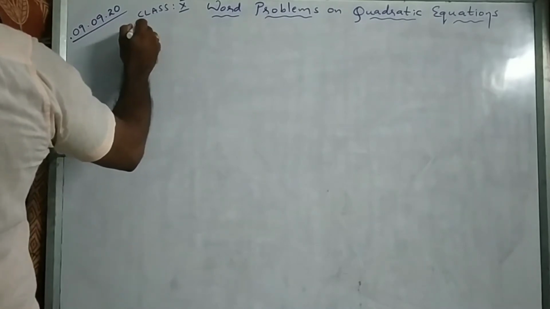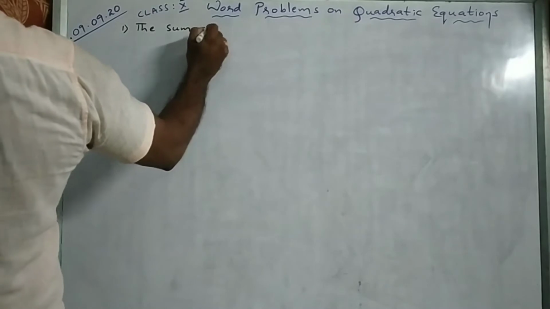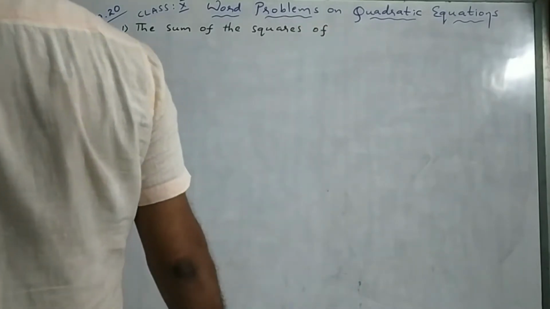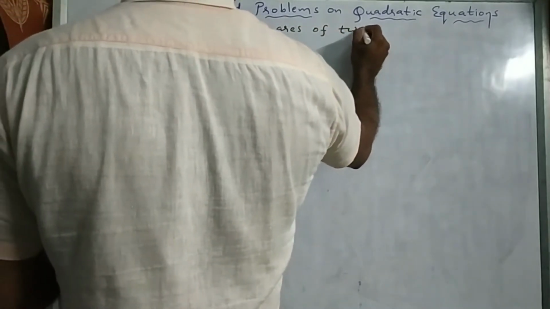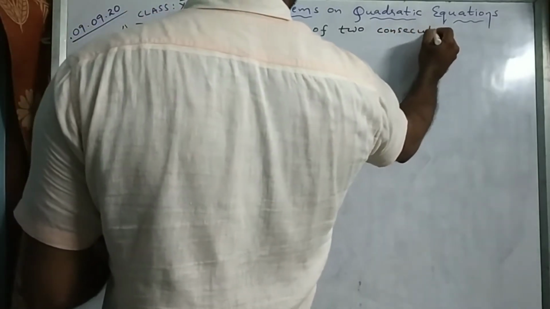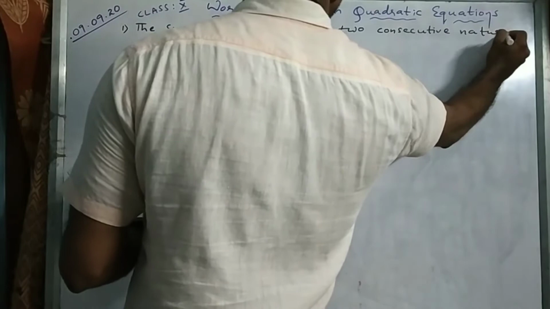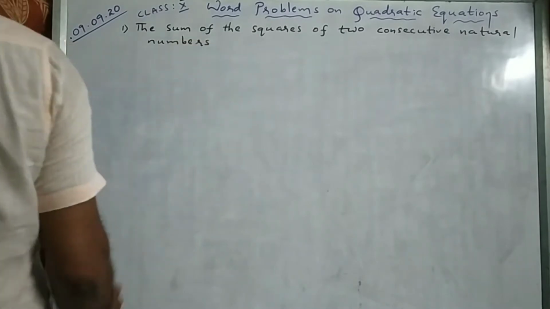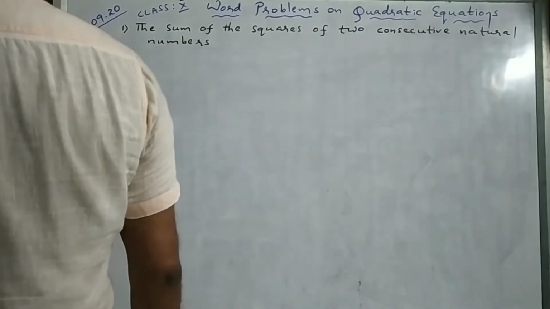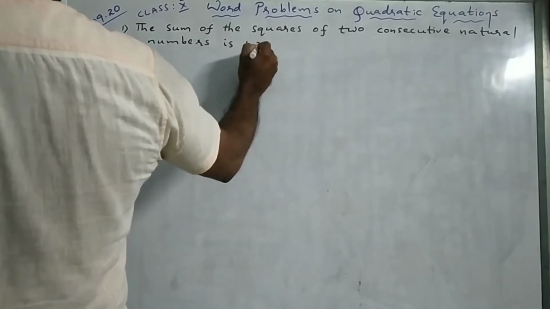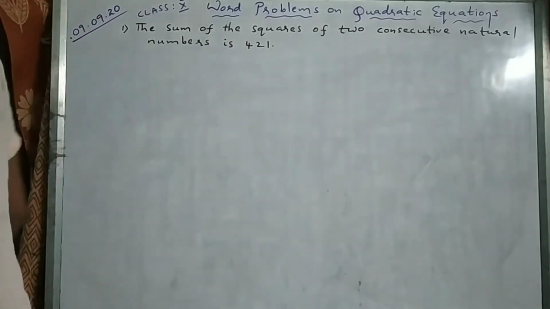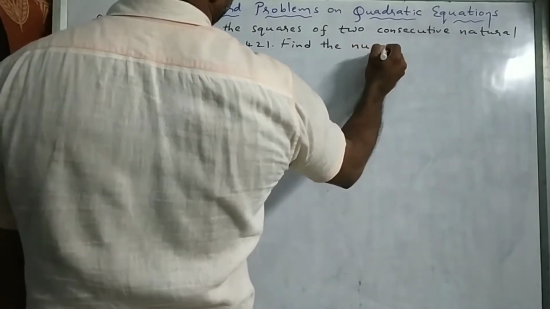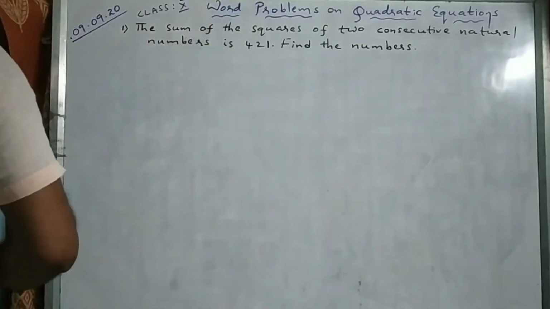The sum of the squares of two consecutive natural numbers is 421. Find the numbers.